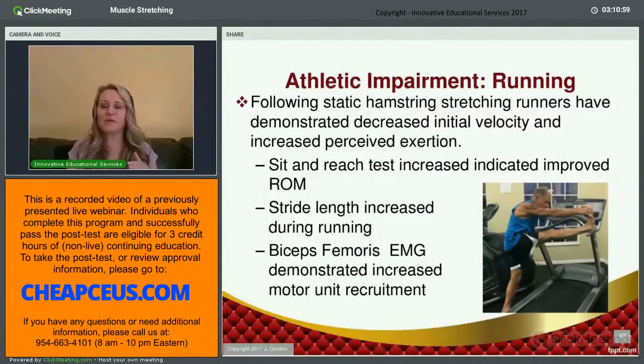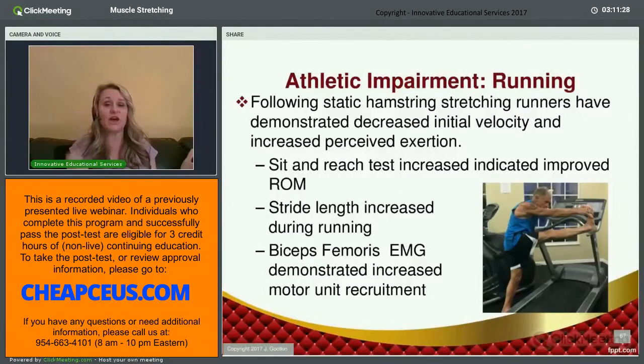Let's say this individual is going to go run on the treadmill, so they perform their static stretching of their hamstrings, and one particular study analyzed this and said, okay, great. When we measure that patient's sit and reach, so that is looking at hamstring length where they lean forward, yes, they had an increased range of motion, which we agree with.